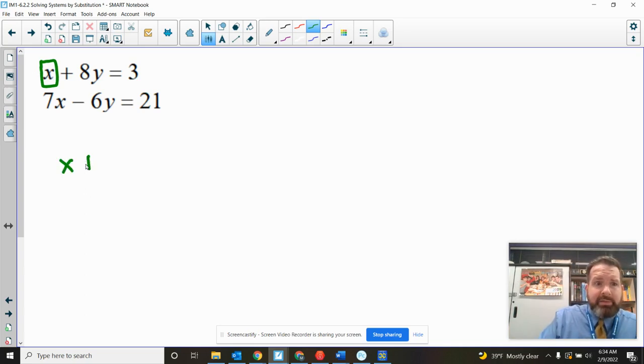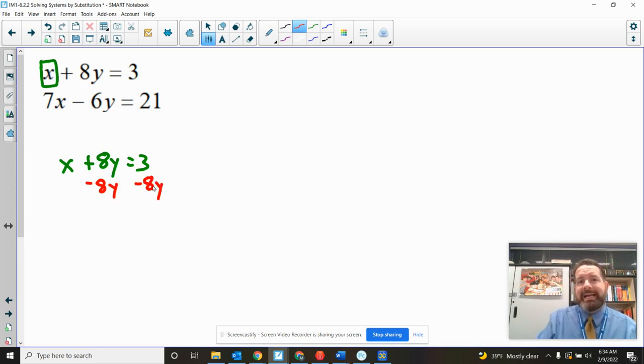So I'm going to come down here for that. A little subtraction to move this 8y to the other side. Let's look at how that goes. So 8y minus 8y is 0. All that's left over here is that x that's now by itself.